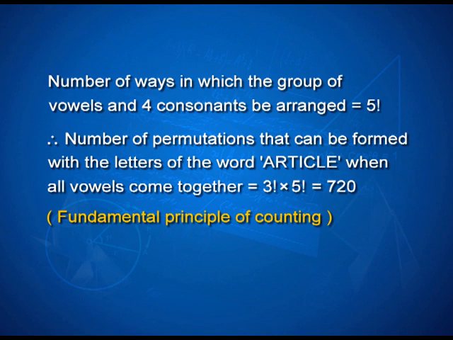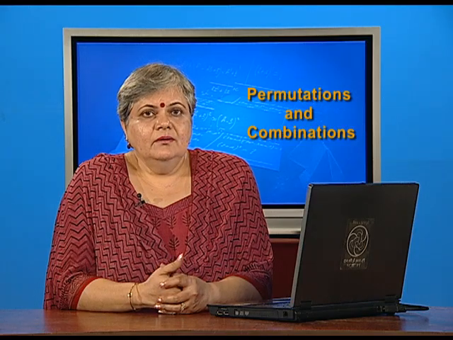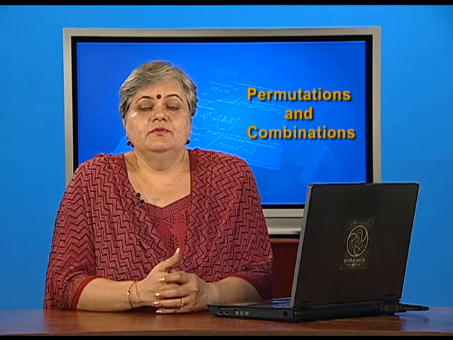So, by the fundamental principle of counting, the number of words that can be formed with the letters of the word ARTICLE when all vowels come together will be 3 factorial times 5 factorial, same as 720.